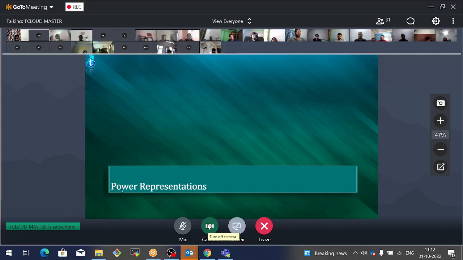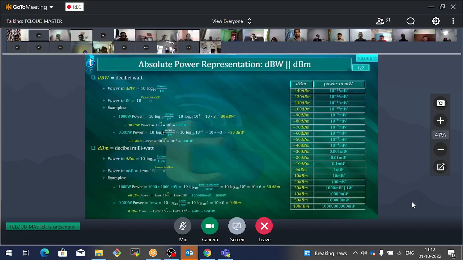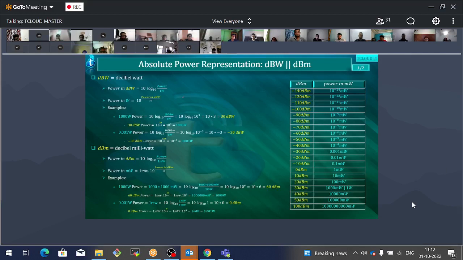Power typically represents signal power, how much signal strength you are getting. Normally, signal strength would be measured in watts. We have a wording called decibel watts.